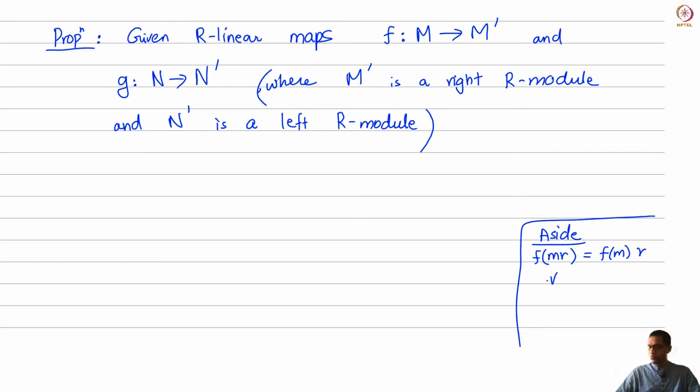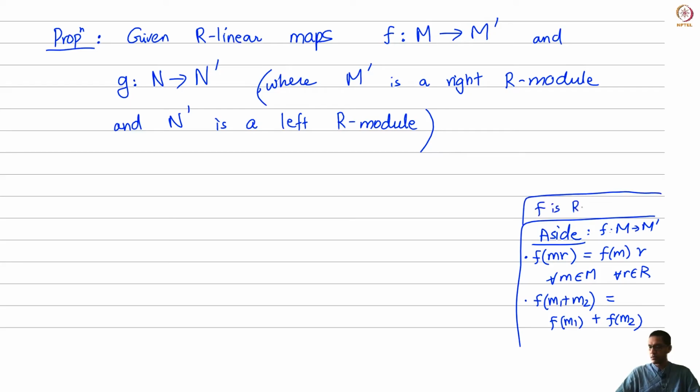This should be true for all m in M and all r in R. Such a map from M to another right module M dash is said to be an R linear map, or a homomorphism, if it satisfies this and the other property, the additivity: f of (m1 plus m2) equals f of m1 plus f of m2. This is true for all m1 and m2 in M. So such a thing is called an R linear map. It is the same definition as you would give for left modules, except that everything acts on the right.